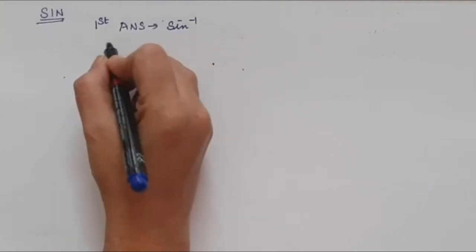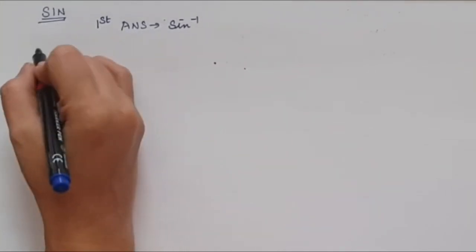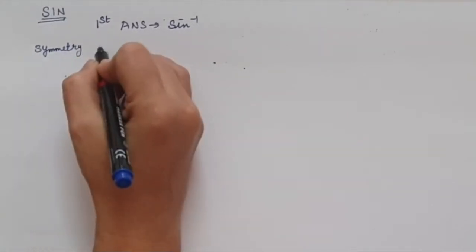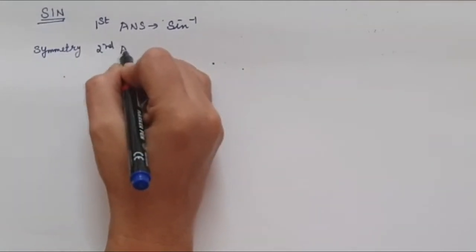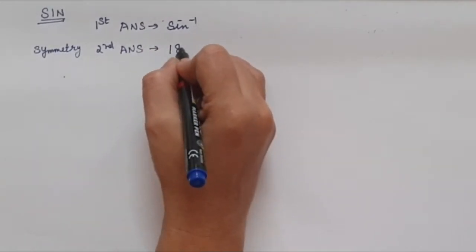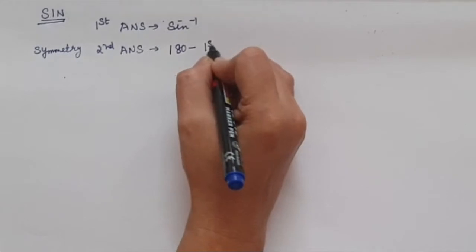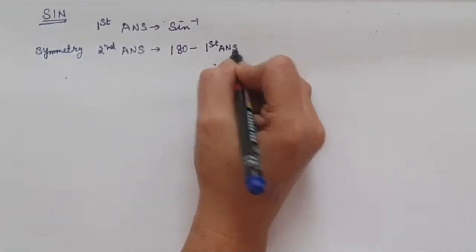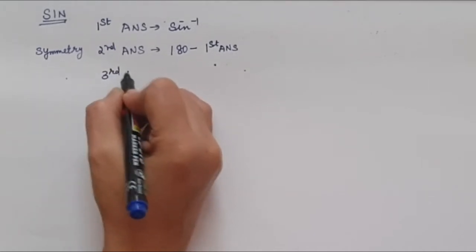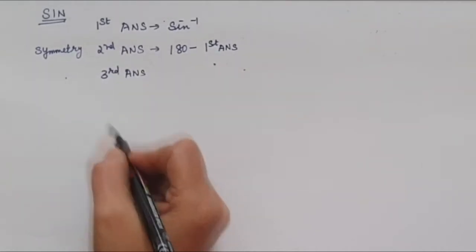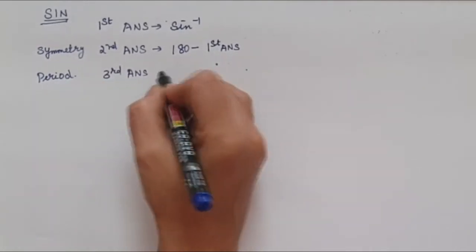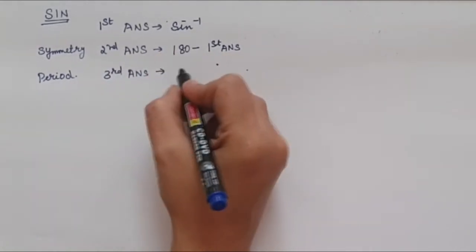Then by our symmetry property, we can get a second answer. That is, 180 minus our first answer gives the second answer. Then for our third answer, we use our periodic property. Hereafter, we'll be using only the periodic property.